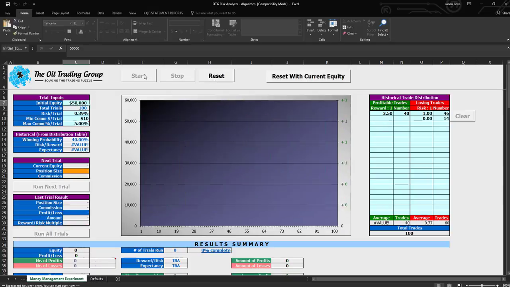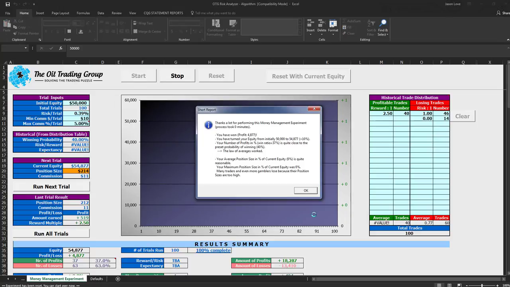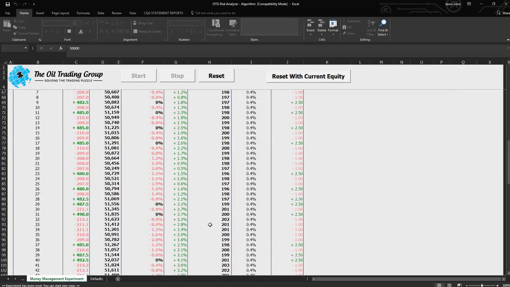So we're going to reset this again. We're going to start and run the trials one more time, see if we can get a little closer to that 40%. Okay, we're at 37%, and with 2 lots at risking 0.39%, you're at $4,800 in profit. Again, if you look down here, you're going to find some real ugly patches of red.